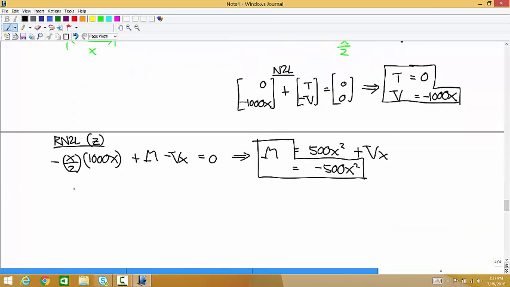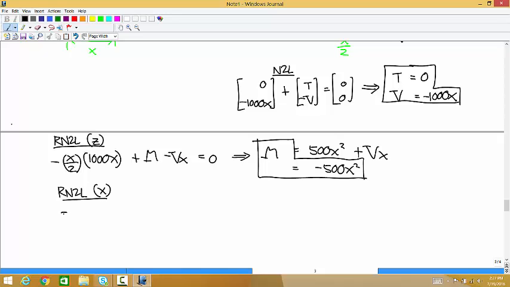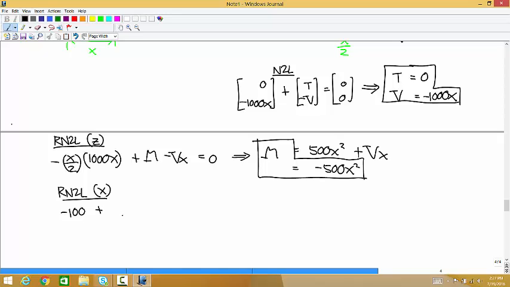And now about the x-axis, we have the negative 100 and fancy t. And so fancy t is equal to positive 100. Any questions about that cut?